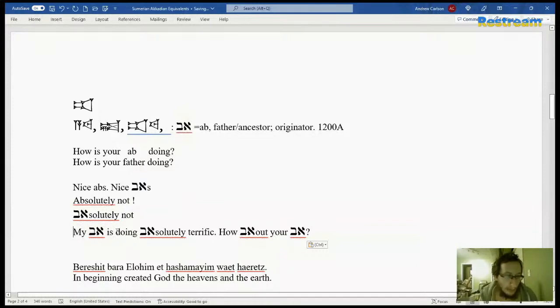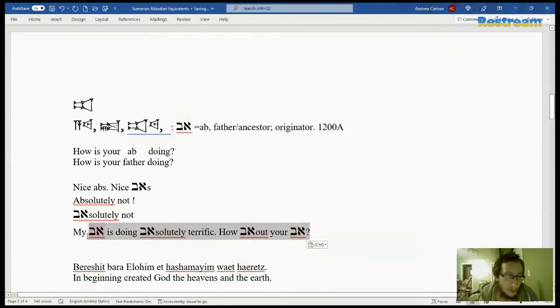My father is doing absolutely terrific. How about your father? So that is how Akkadian does stuff. But instead of Hebrew to English, just understand that it's Sumerian to Akkadian.